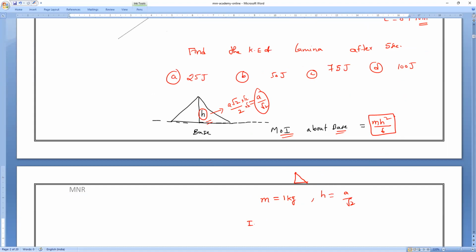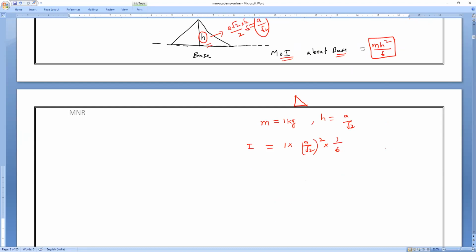So the moment of inertia of one triangle about a base is equal to 1 into h square, h value a by root 2 whole square, into 1 by 6. I'm writing it separately. What is the a value? I will write it as a square into 1 by root 2 whole square into 1 by 6.